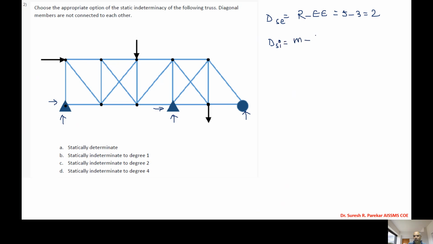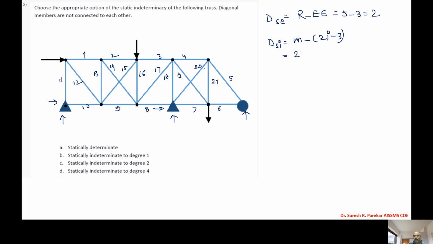DSI is equal to m minus 2j minus 3. Now m we have 1, 2, 3, 4, 5, 6, 7, 8, 9, 10, 11, 12, 13, 14, 15, 16, 17, 18, 19, 20, and 21.